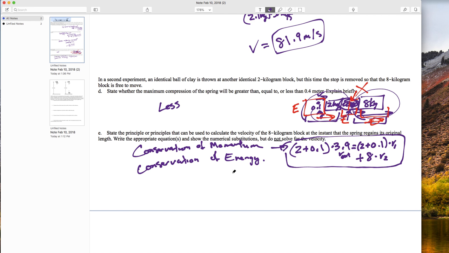And then we have this statement of conservation of energy, where we look at the kinetic energy going in, which is the only energy that we have, which is 1/2 times 2.1 times 3.9 squared, which we know is 16 joules. And that 16 joules has to be maintained throughout the entire collision.